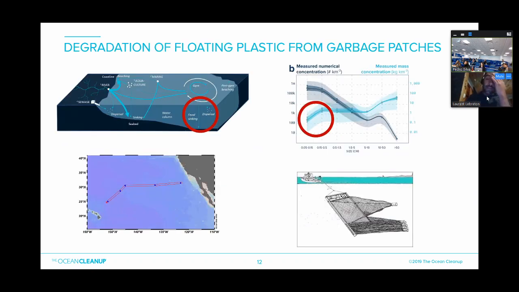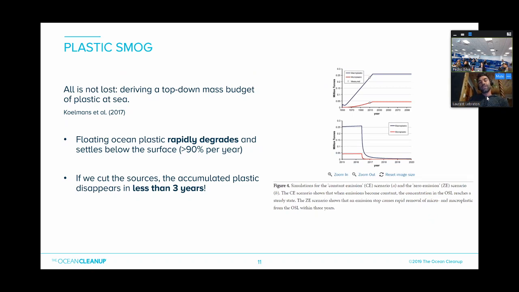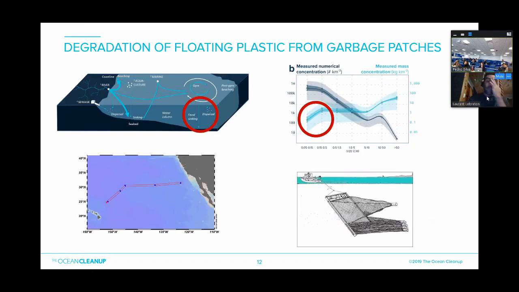But basically what I call the degradation and the sinking to the seabed is something that we call the plastic smog, right? And that's something that we observed. We discussed this in previous papers in 2014 and 2015, and in this other paper in 2018, where you see that for the smallest fraction of microplastics, on the right in the circle, the number and the mass are decreasing rapidly.